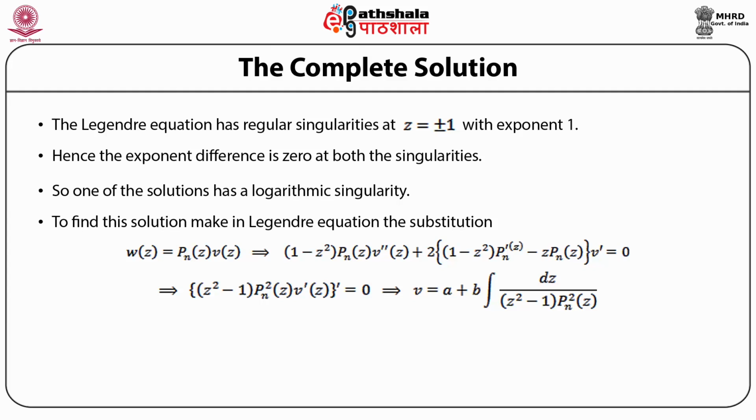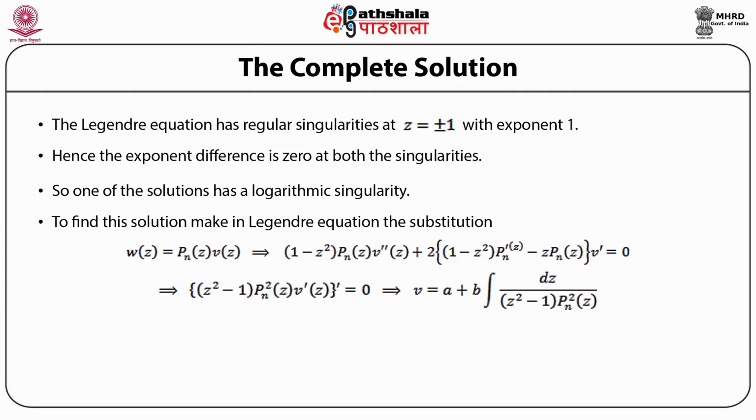Substitute this in Legendre equation and we find that v of z satisfies the equation 1 minus z square into Pn of z into the double derivative of v of z plus twice of within the brackets 1 minus z square into Pn prime of z minus z into Pn of z brackets close multiplied by v prime is equal to 0.